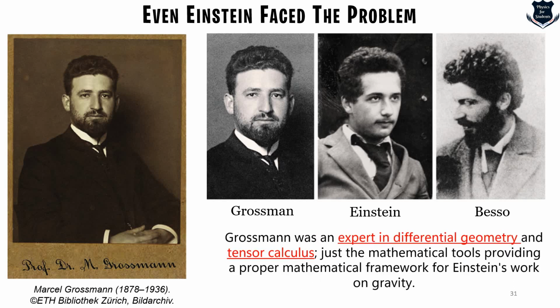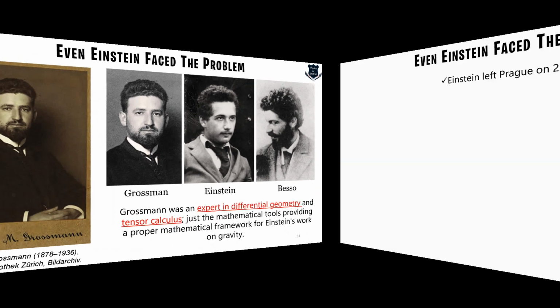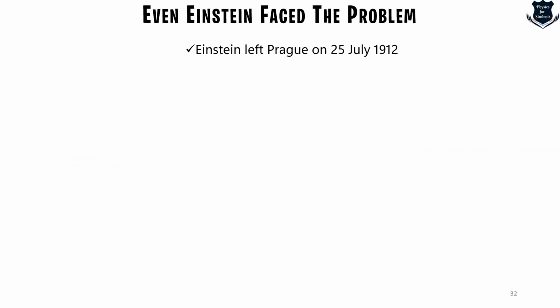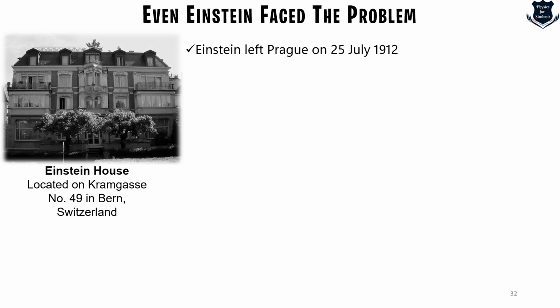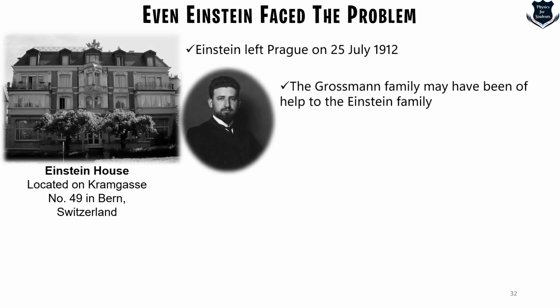So his role is actually indispensable, and you can understand how Grossmann helped Einstein in understanding tensor calculus. When Einstein left Prague around 1912, this is the Einstein house, he met Grossmann, and the Grossmann family helped Einstein to migrate and settle.